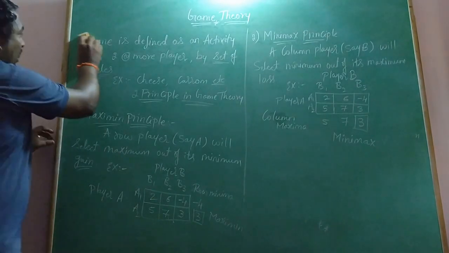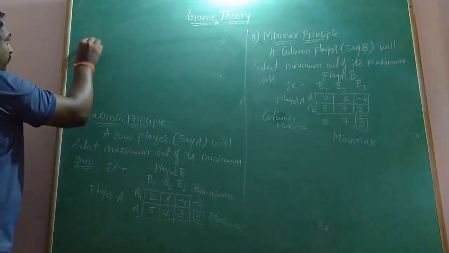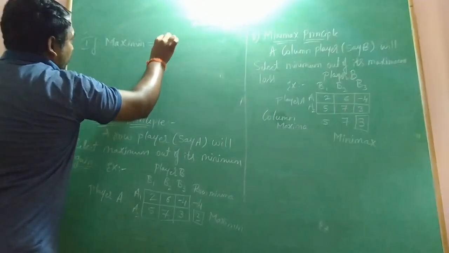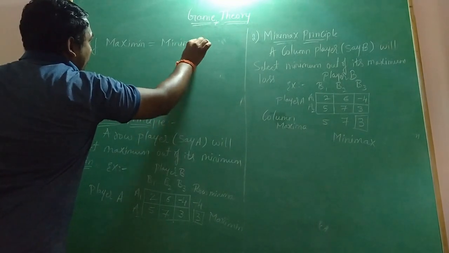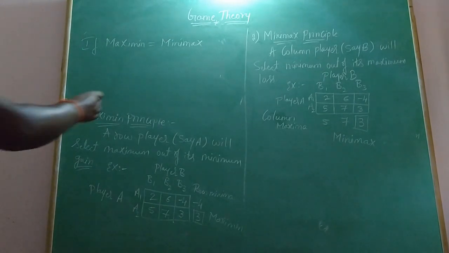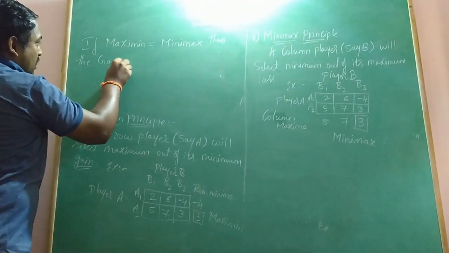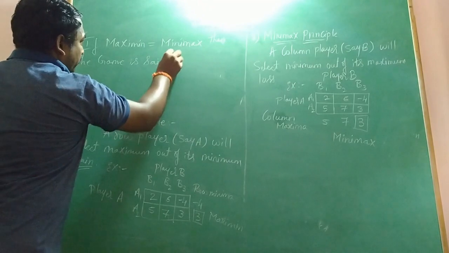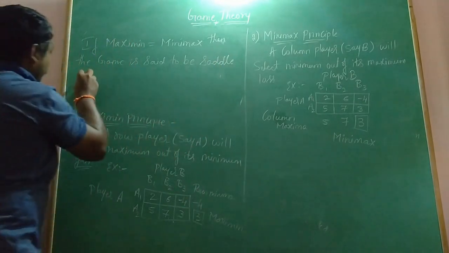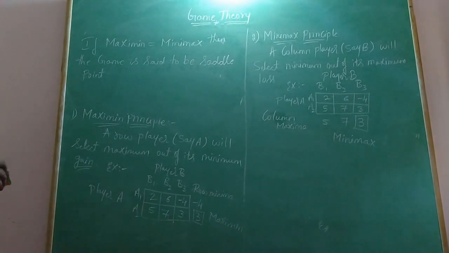Next, if maximin is equal to minimax, suppose these two are equal, then the game is said to have a saddle point.